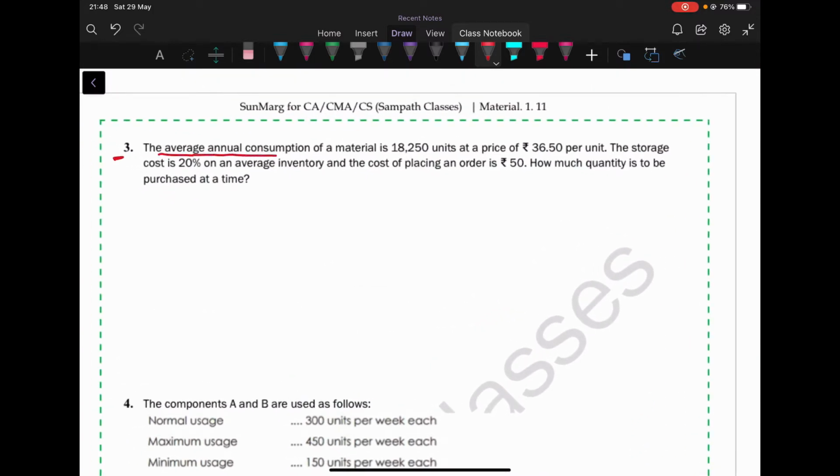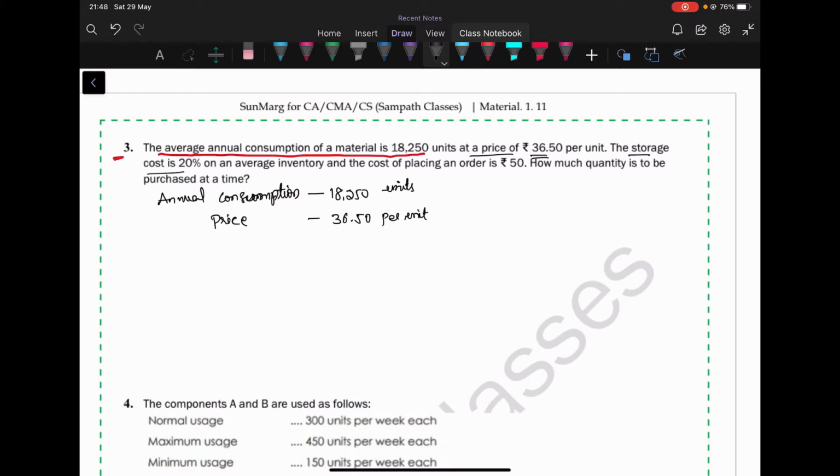The average annual consumption of a material, that is the annual demand we can say, is 18,250 units at a price of 36.5 per unit.